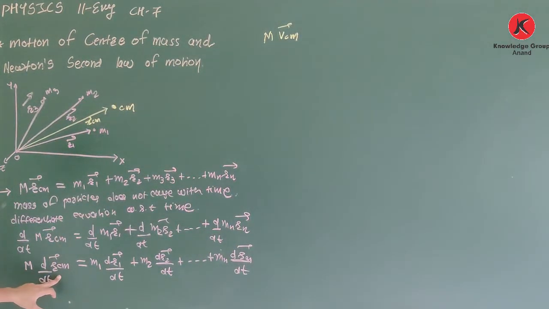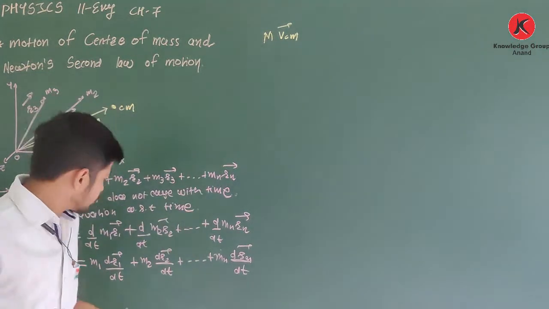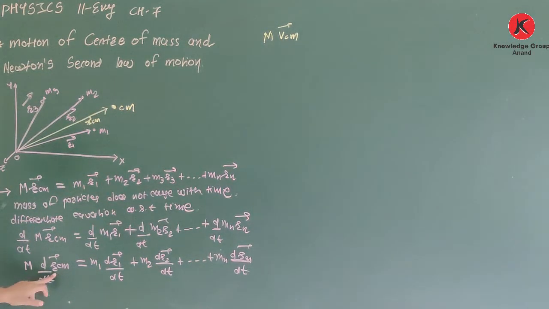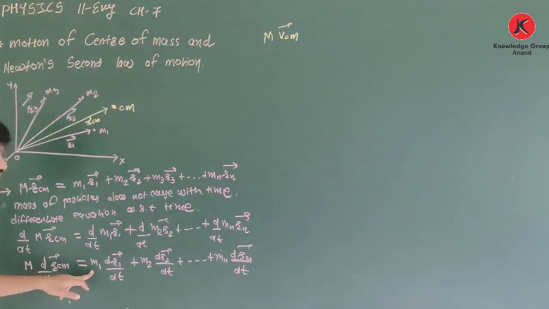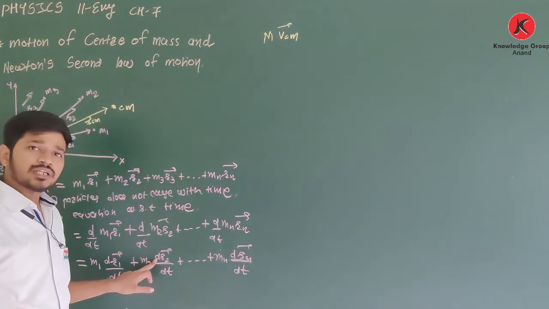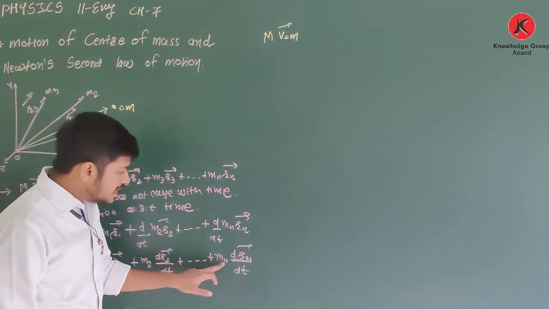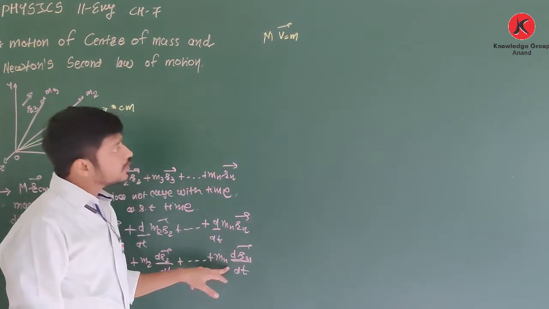R center of mass, RCM, is the position of center of mass, so differentiation of this position with respect to time gives velocity of center of mass, is equal to, on this side, m1 dr1 upon dt, the rate of change of position of the first particle, so it is the velocity of the first particle; dr2 upon dt, the velocity of the second particle; drn upon dt, the velocity of the nth particle.